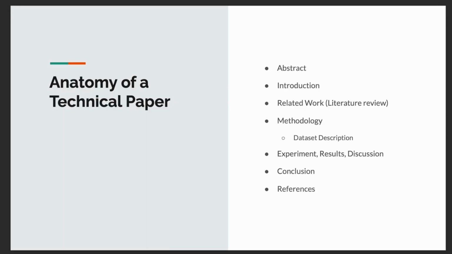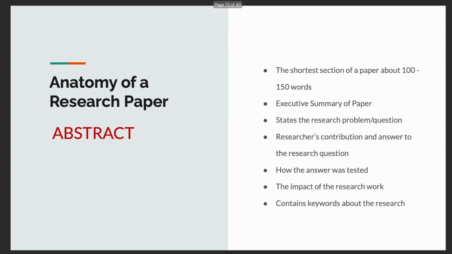So now to the anatomy of a technical paper. These are the sections that you would find in most of the technical papers, especially the ones mentioned just now, the NeurIPS, the ICML, and the ICLR. So you usually start with an abstract, and an abstract is the shortest section of your research paper.